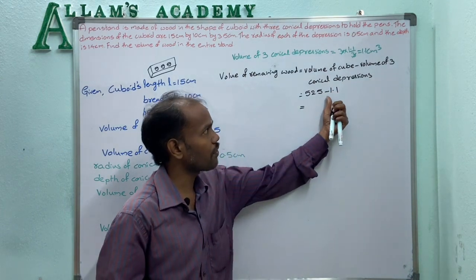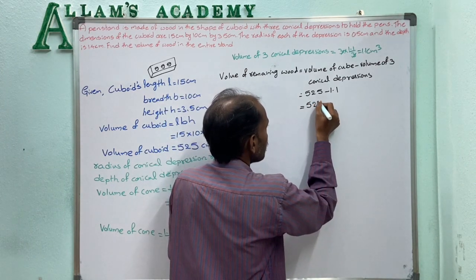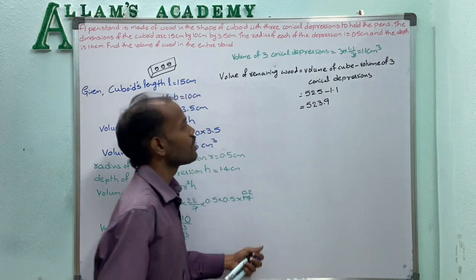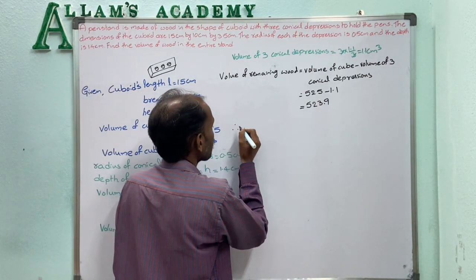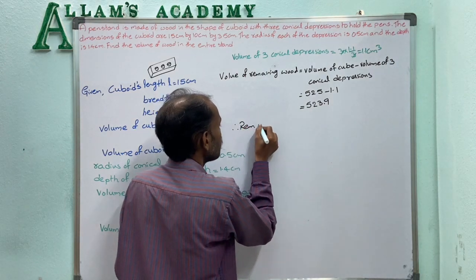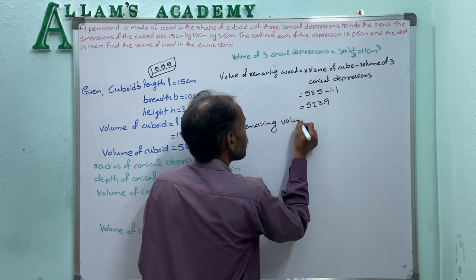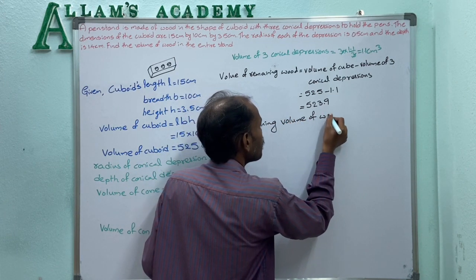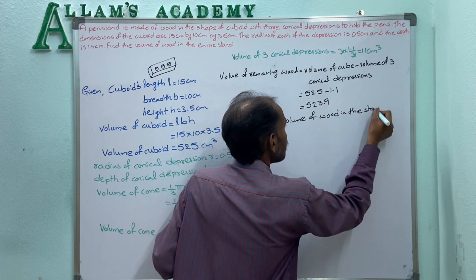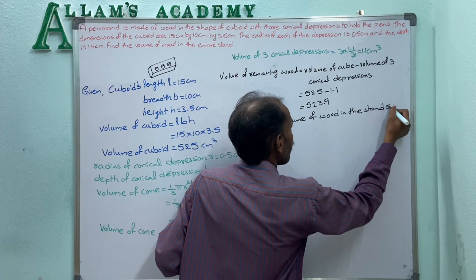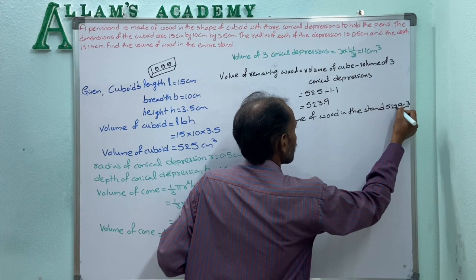So 525 minus 1.1 is 523.9. So now the remaining volume of wood, therefore the remaining volume of wood in the stand is 523.9 centimeter cube.